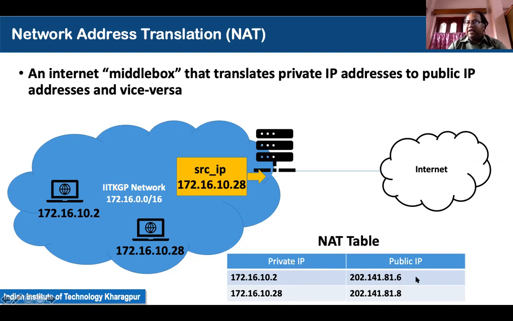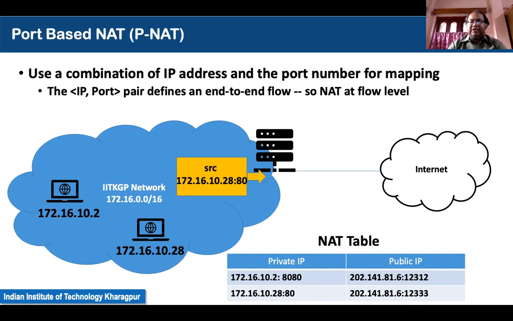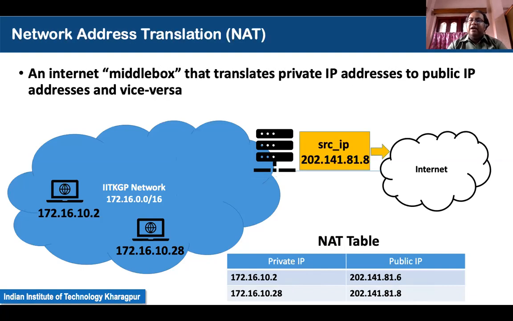We give another public IP, which is 202.141.81.8. Whenever it is going outside the IIT Kharagpur network, it gets the public IP. And in the same way, when the packet returns, it gets the original old IP address. So this is basically the broad idea of the concept of NAT, through which packets are forwarded to the outside network.